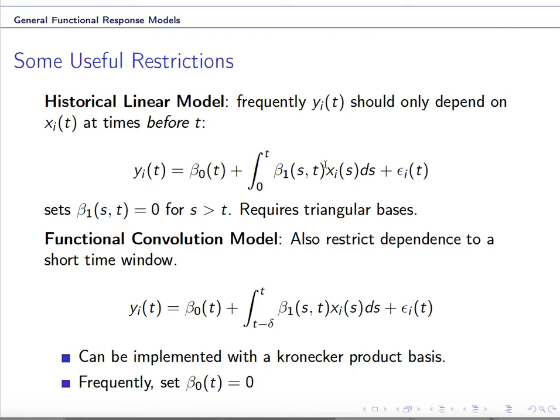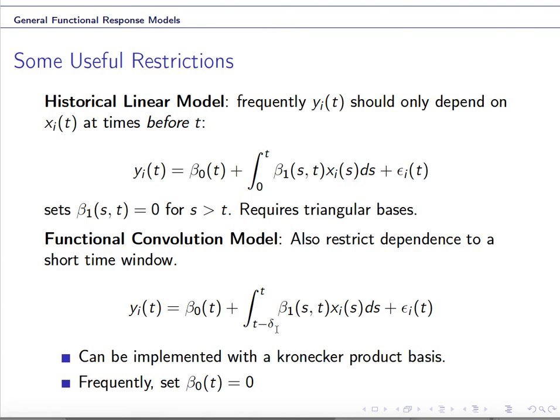For example, the current forest fire will not depend on the rainfall 100 days ago, because whether there was rainfall 100 days before, there will be no effect on the condition of the forest fire at the current time, right? So therefore, we will also have restrictions on s. So s can only go from t minus delta to t. Okay, so this delta represents the lag effect.